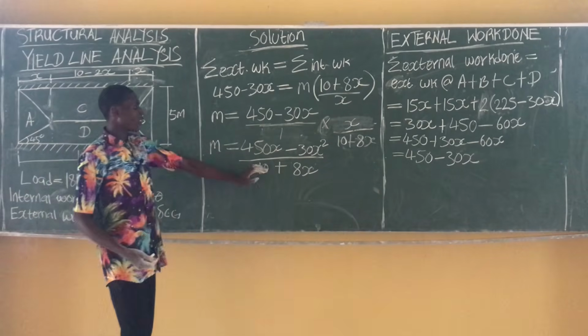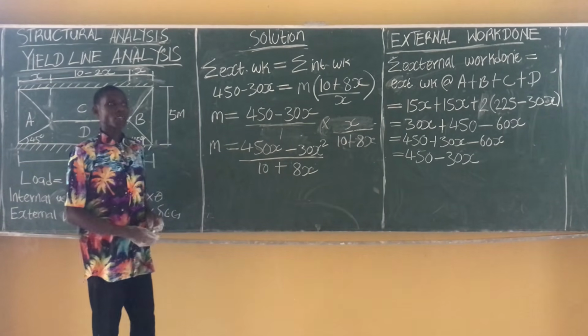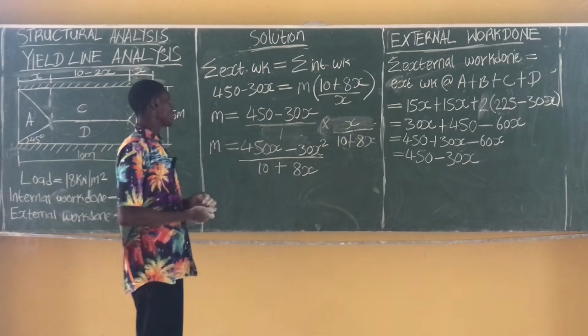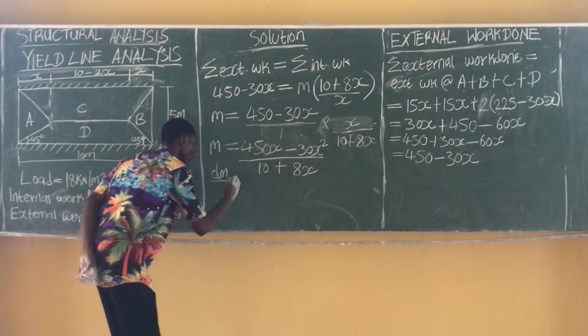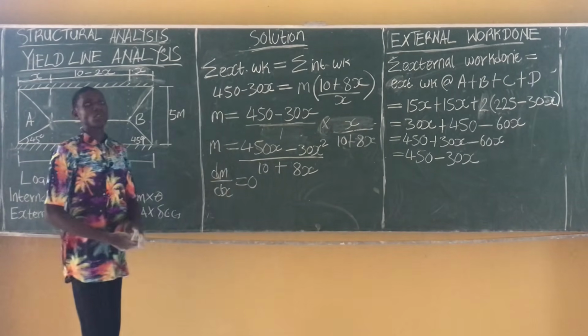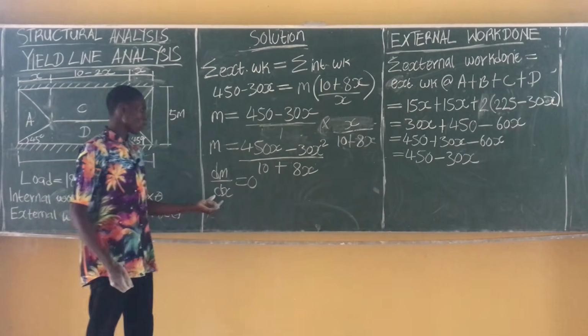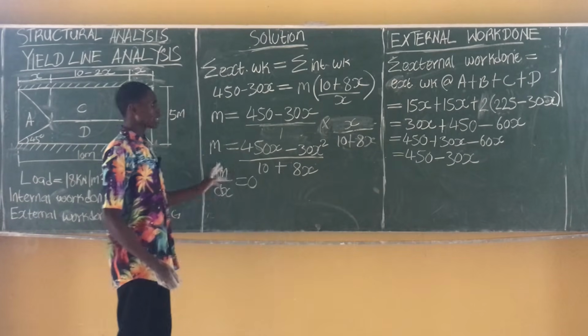Now, if we know the value of our x at this point, we are asked to determine our moment. At what point do we get our maximum moment? We get our maximum moment when the differentiation of our moment with respect to x is 0.